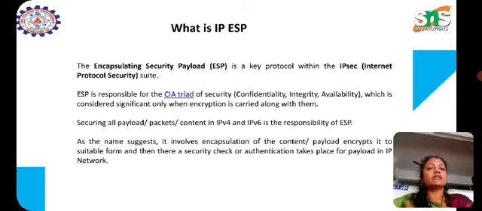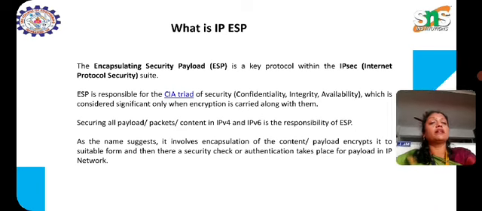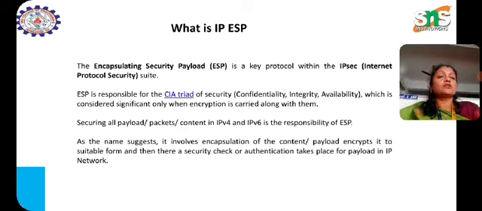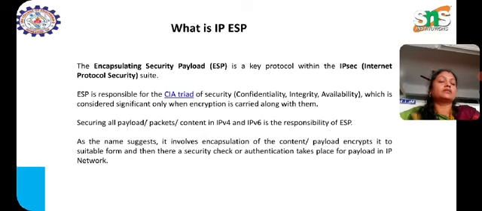IPv6 and IPv4 are the protocols used mainly for the network layer. As the name suggests, it involves encapsulation of the content or payload. Payload also means content. It is encrypted to a suitable form, and then security checks or authentication take place for the data in the IP network.